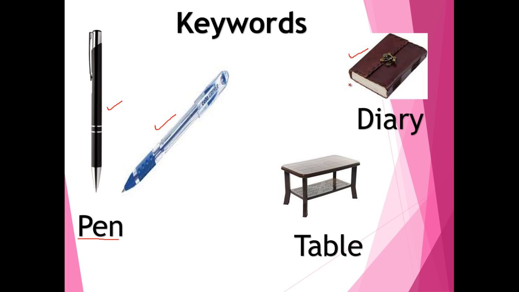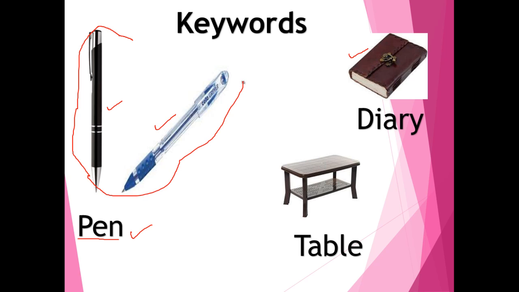For describing each and every thing in English, there is a particular word, and we use that word only to indicate that item. So these are reserved words in that language. We can say that pen is a reserved word in English for describing these types of objects.